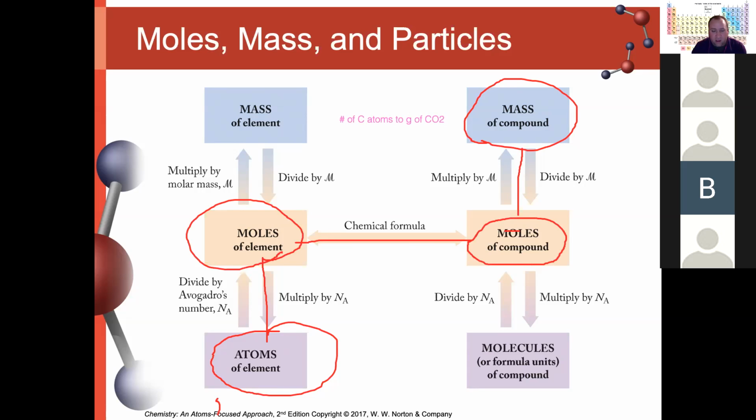And so if I follow along here, I can see that my first step would be to take atoms and divide by Avogadro's number to figure out the number of moles. I'd use the chemical formula to say, okay, every carbon dioxide has one carbon in it. And then I'd use the molar mass of carbon dioxide to convert from the moles to the grams.